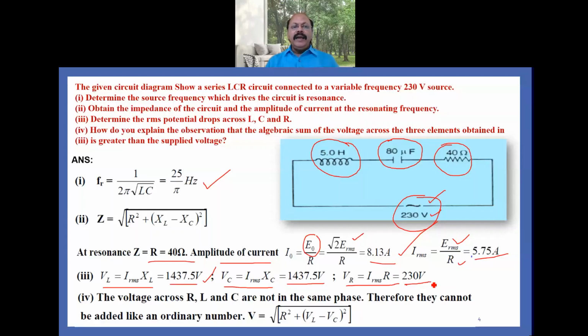Therefore, they cannot be added like ordinary numbers. So that's why V equal to under root VR square plus (VL minus VC) whole square. So this is about the fourth part.